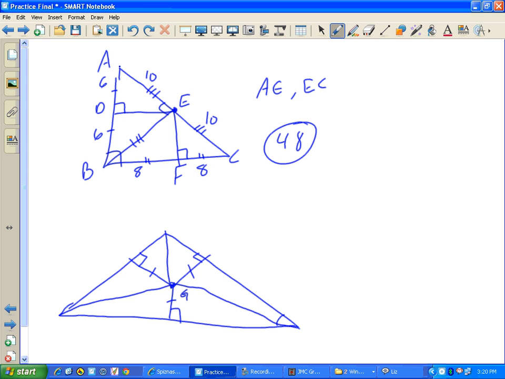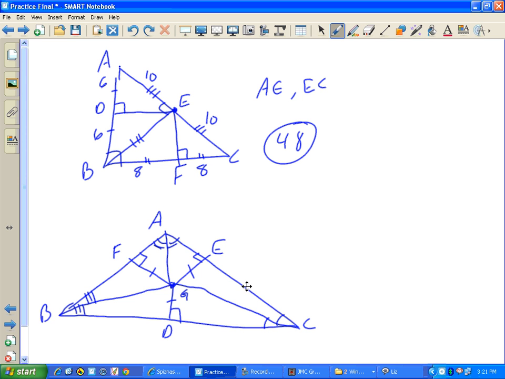Okay, so since these are angle bisectors, I can mark these angles congruent. Let's put our letters on here. A, B, C, there's E, F, this is D.